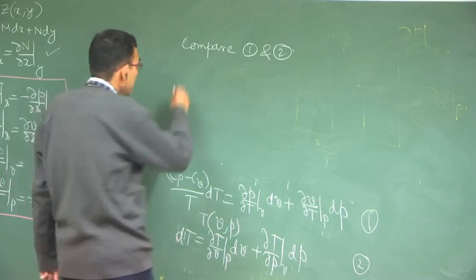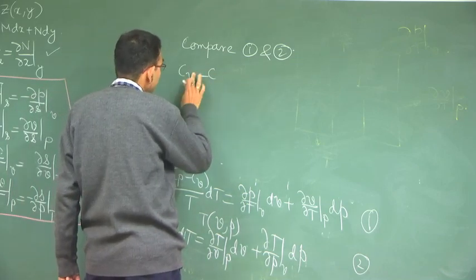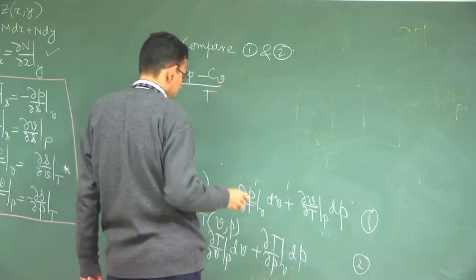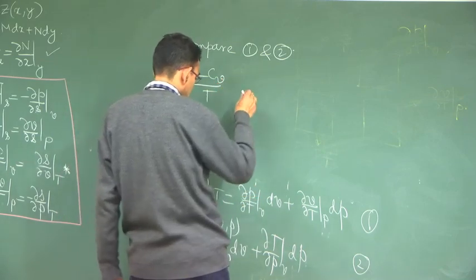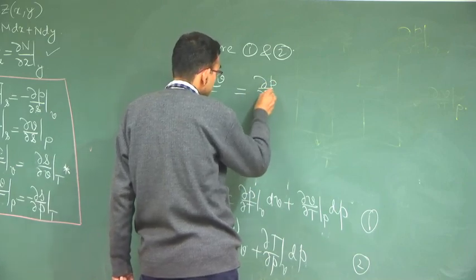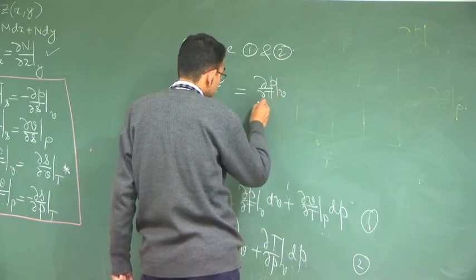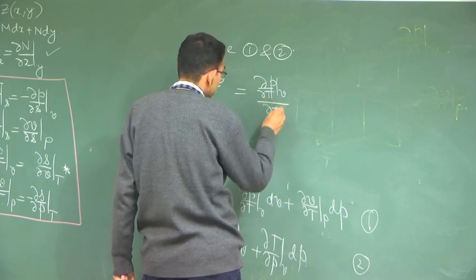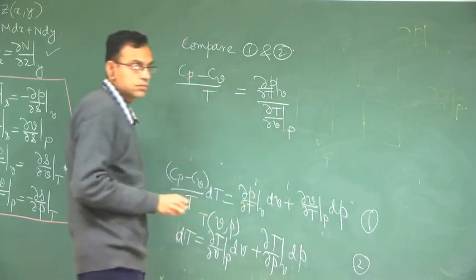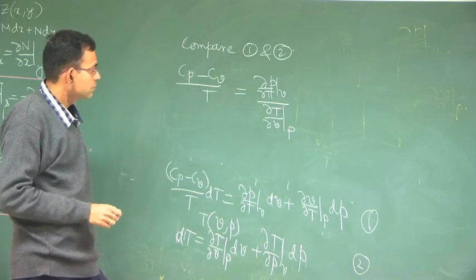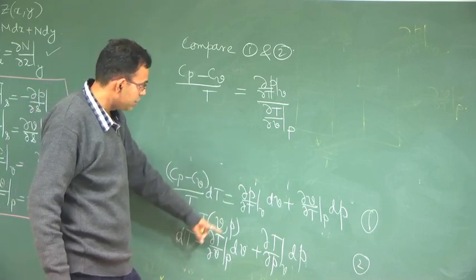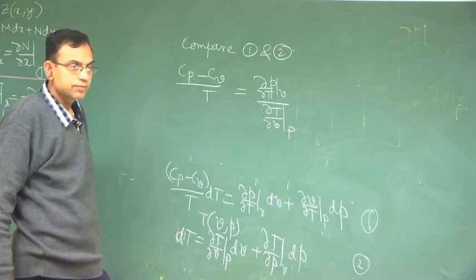If you compare 1 and 2, then you have Cp minus Cv by T. So, the ratio of these two coefficients is the same as the ratio of these two coefficients, right.